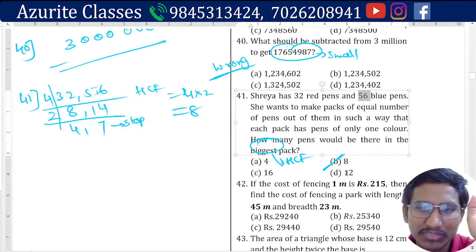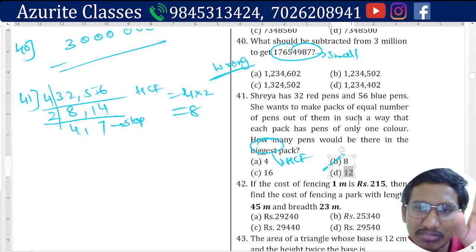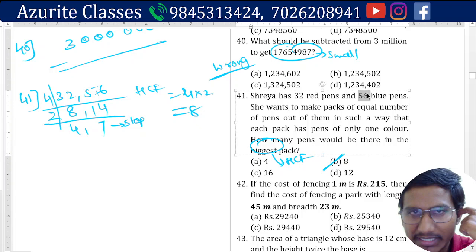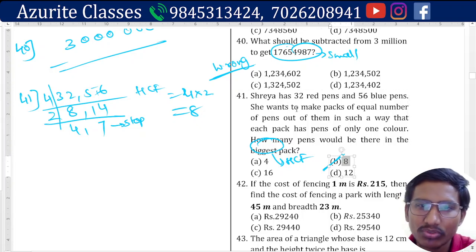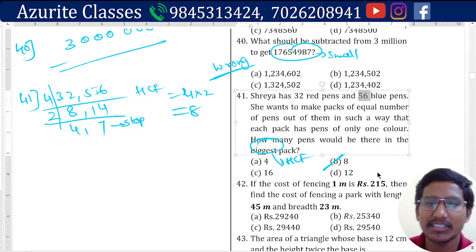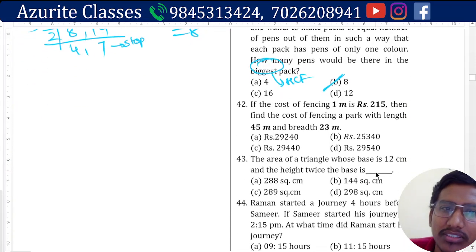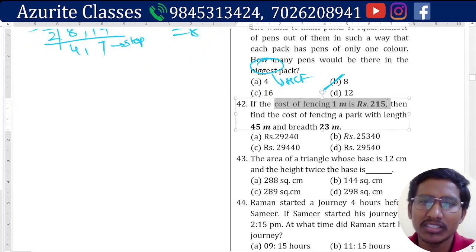Then 12: 12 4s are 48, 12 5s are 60, not 56, so we cannot divide it into the packets. So 8 next: 8 4s are 32 and 8 7s are 56, so that is why option B is the answer.